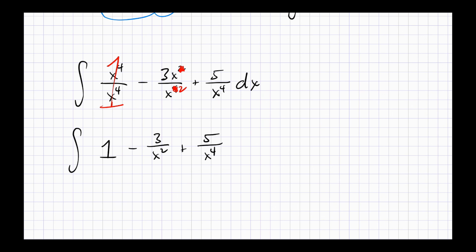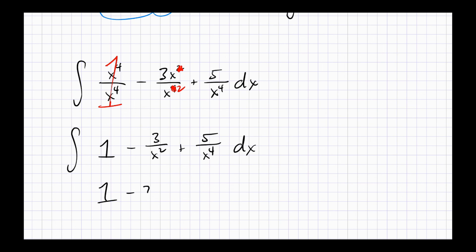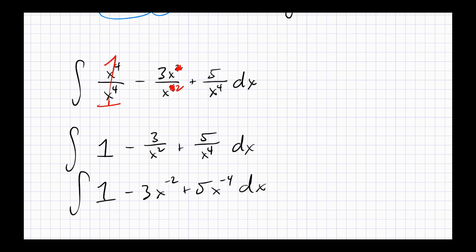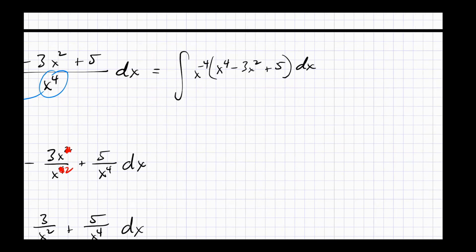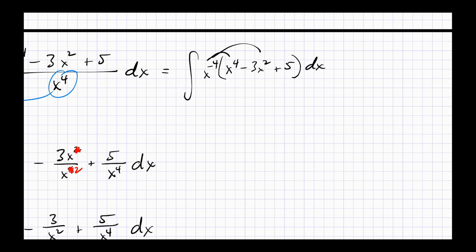And then I would move those powers up. So 1 minus 3x to the negative 2 plus 5x to the negative 4. Which is the exact same thing you would get if you distributed it over here.